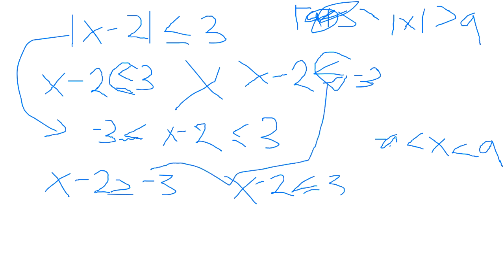Can you see it? Yes. Because of the rule, X minus 2 must be greater than or equal to minus 3. At the same time, X minus 2 must be less than or equal to 3. Can you see that? Yes. It makes sense to you now. Yes. Okay. Any questions?